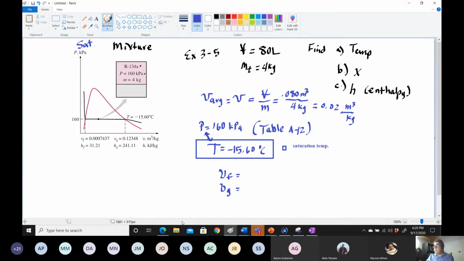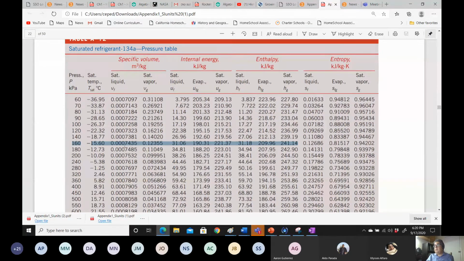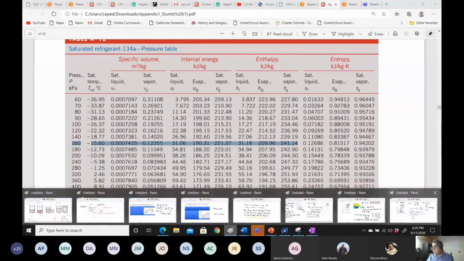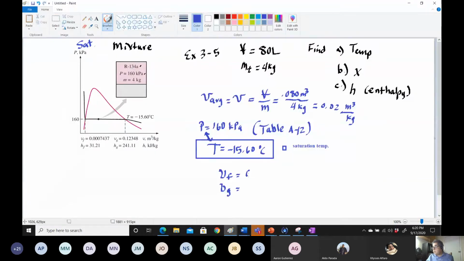So let's go back to our table. v sub f is 0.0007435 meters cubed per kilogram.